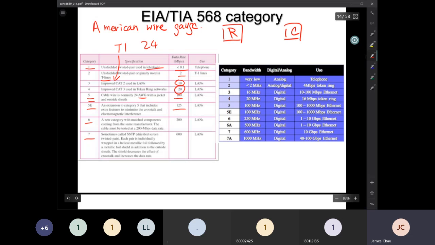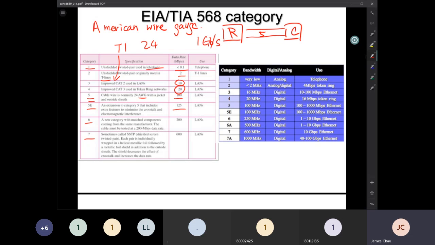Now you can observe the specification of your router if it supports 1 gigabit per second. If you only connect Cat5 cables, okay, that means you do not achieve the maximum speed provided by the router. Now, therefore, the cable selection is also important when you build up a network.